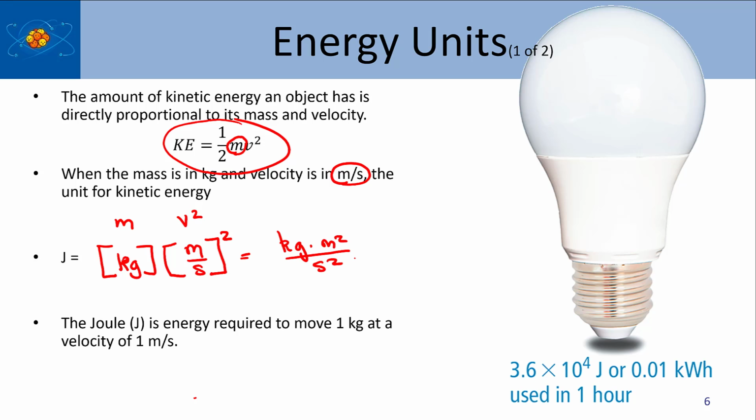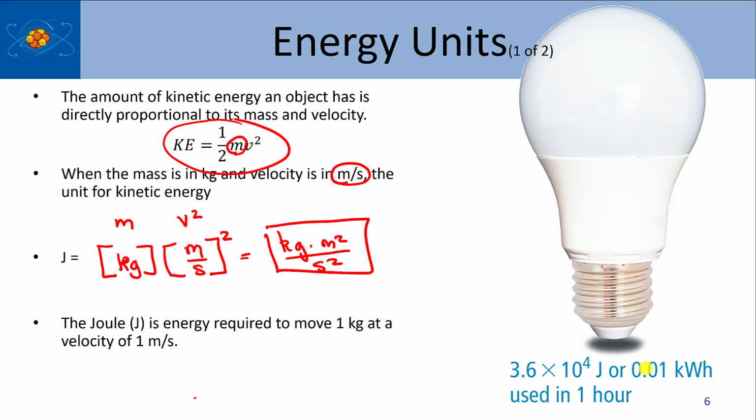So this is what we know as a joule. So a joule of energy is a kilogram meter squared per second squared. A joule is essentially the energy required to move a 1 kilogram object a velocity of 1 meter per second squared.